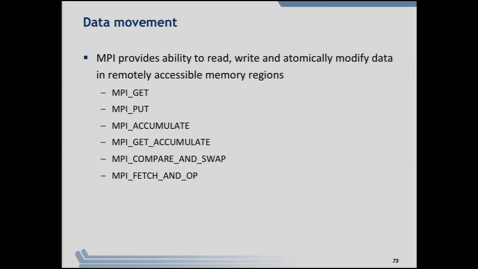And a fetch and op, where you fetch the value and you make an update, and you guarantee that that's an unbreakable operation. So nobody can do a fetch while you're in the middle of doing your fetch and op. If they do a fetch, they either get the value before you did your fetch or the value after you did your op. So for example, if I want a counter and I want everybody to have a unique counter value, fetch and op will let me do that because I can start at 0.